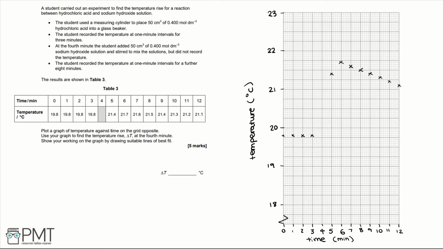So here I've plotted all the data from Table 3. The key things to notice is that the y-axis doesn't start at 0, it starts at 18, and that each small square is 0.05 of a degree. So this means that the y-axis can be really accurate, and they are looking that you don't start it at 0 on the y-axis.